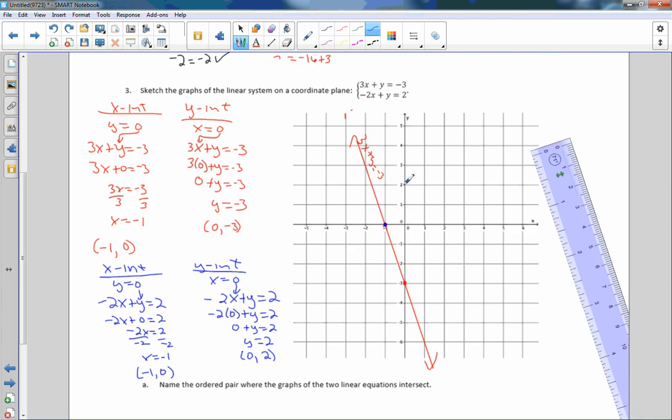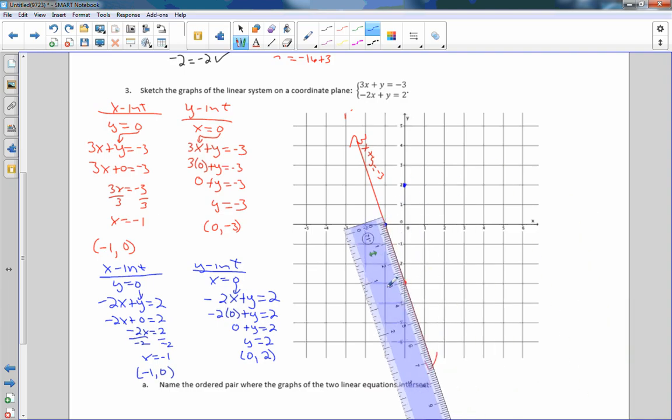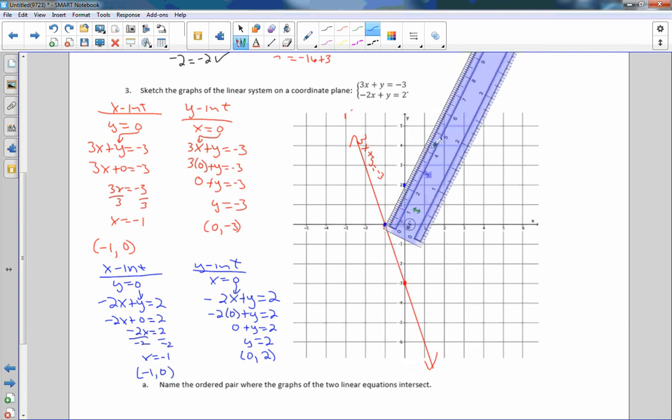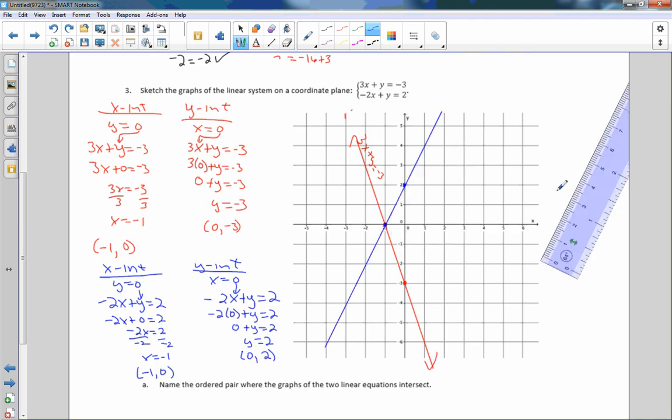The point (0, 2) is right here. I'm going to put my ruler right on the one solution, rotate it around. Be careful to be accurate. Draw a straight line with your ruler and label your equation. Negative 2x plus y equals 2.